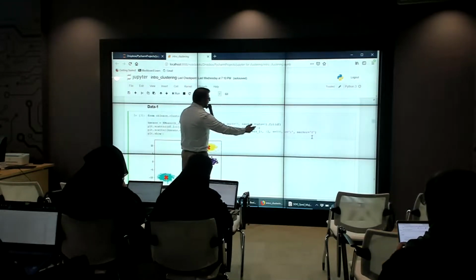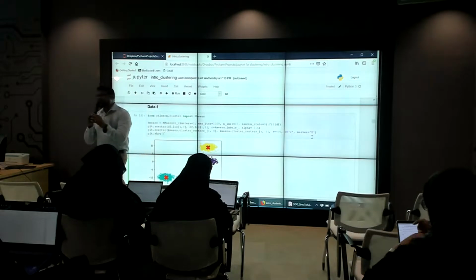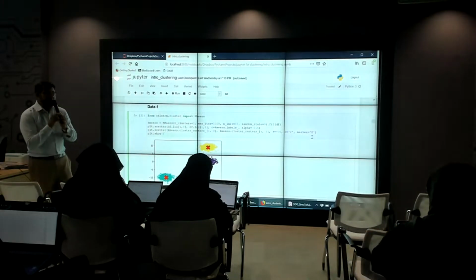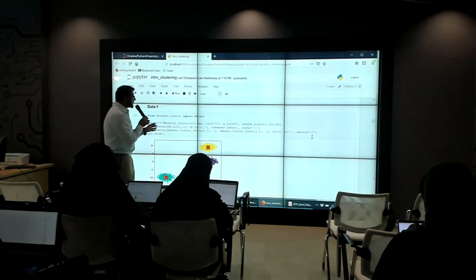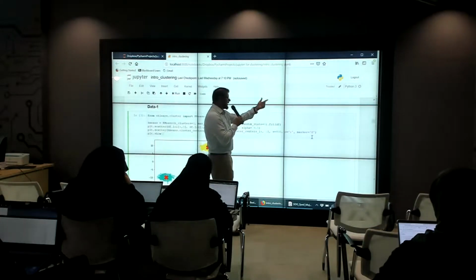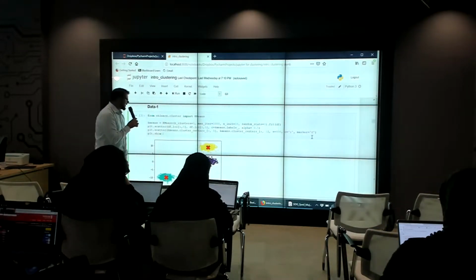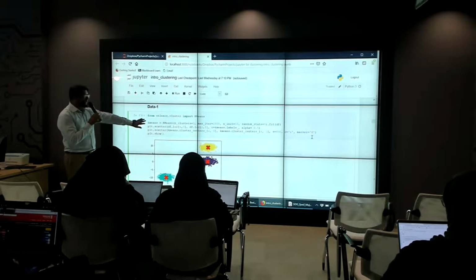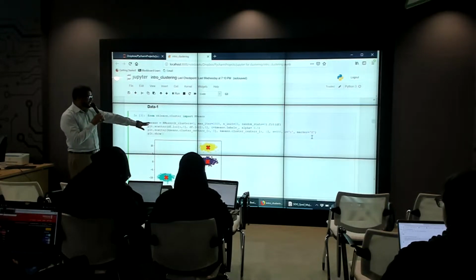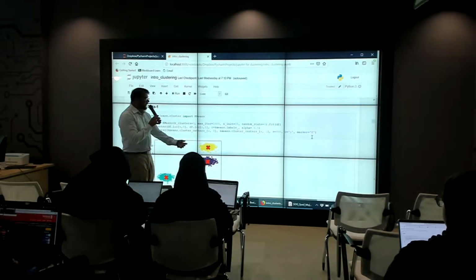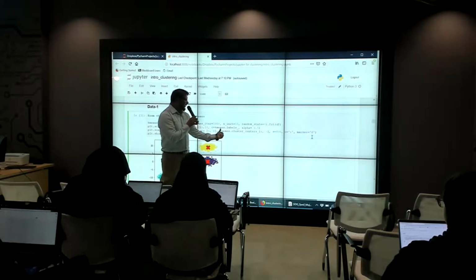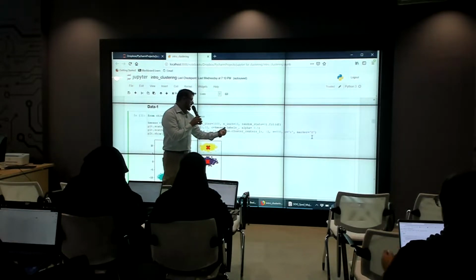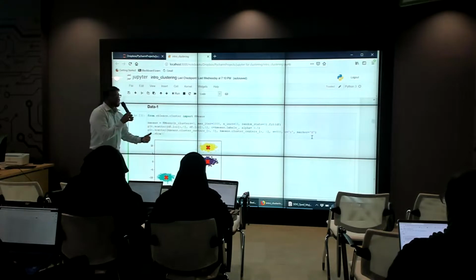And then the random state. This is something for repetition. If you give the same random state, you will have the same results on average. And then I'm going to fit using the data that I have just read from the file. Once I'm done fitting the k-means model, I have an output which is labels. kmeans.labels_ is nothing but the labels that the algorithm is giving me.